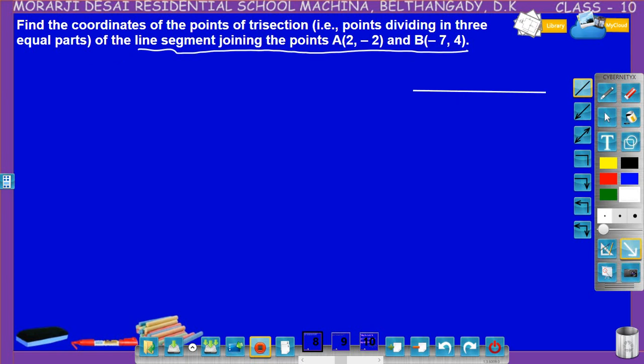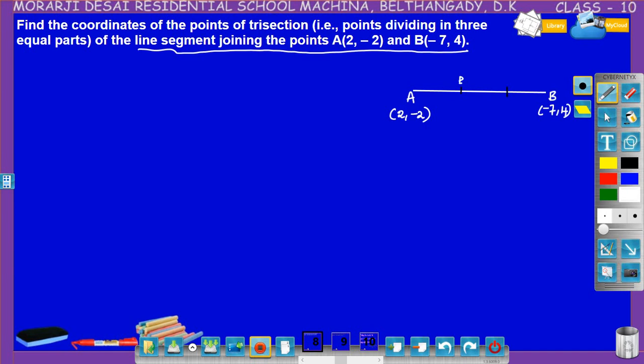That is A and B. A is 2, minus 2. B is minus 7, 4. Now you have to find the points of trisection. It means the line is divided into 3 equal parts: one part, 2 parts, then 3 equal parts.